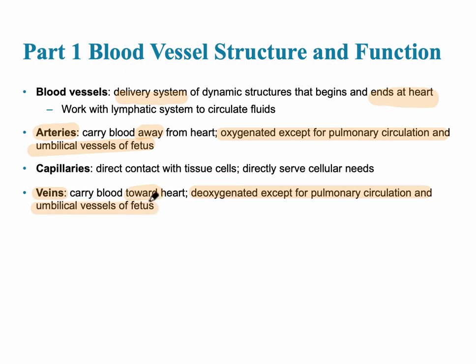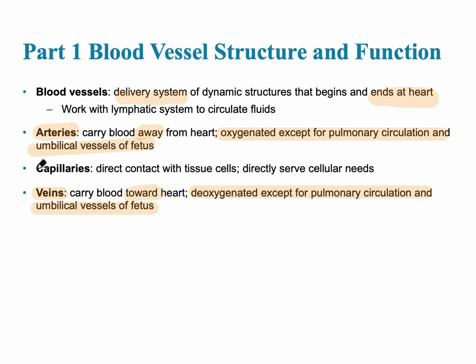So the exceptions in this case would be the pulmonary vein. Recall that the pulmonary veins return, so take blood towards the heart. They take blood towards the left atrium, and it's oxygenated blood. The other exception would be the umbilical vein, which is also oxygenated blood.